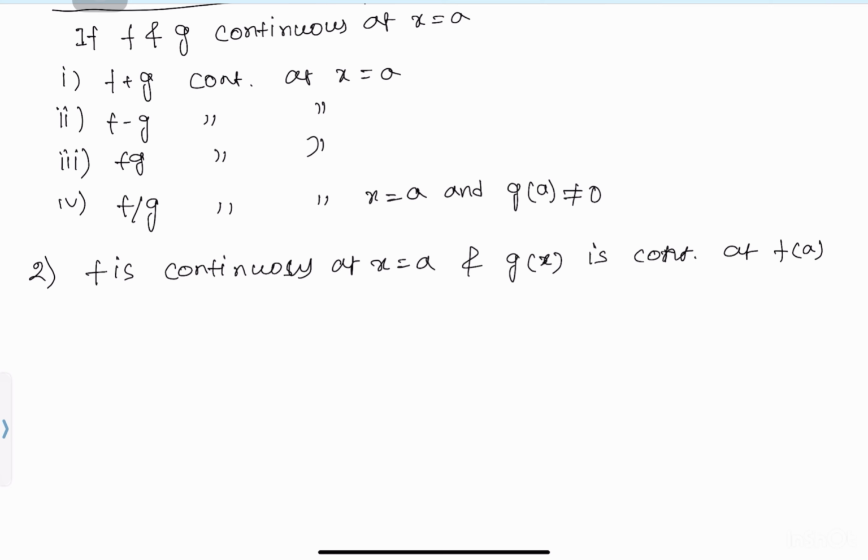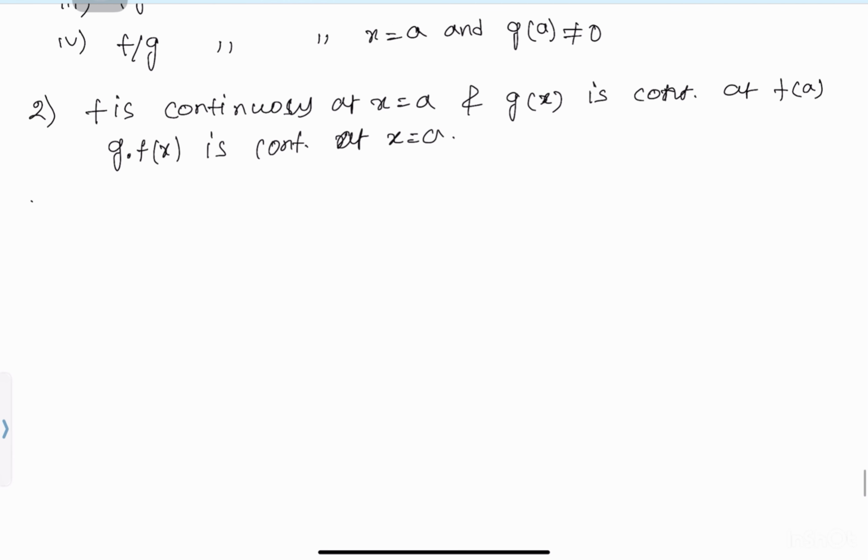Okay, try to understand. If f is continuous at x equal to a, and g of x is continuous at f of a, then you can say that g of f, this is a composition, is continuous at x equal to a. Second property.